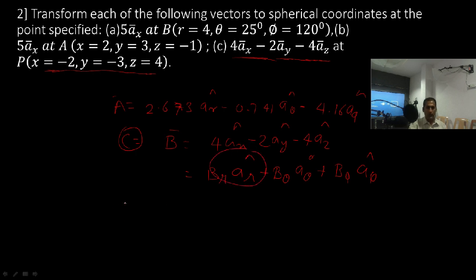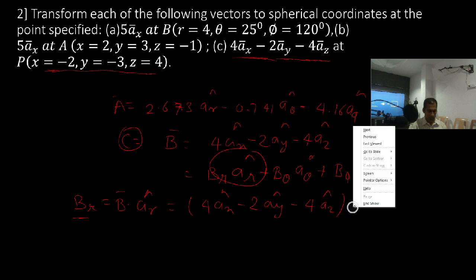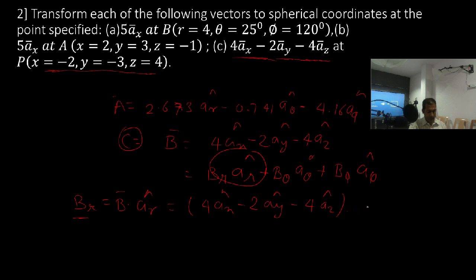So let us first consider BR. BR is the magnitude into direction. So we have 4ax cap minus 2ay cap minus 4az cap, and here we have to add the direction. The direction for this is AR cap. So we have to take the dot product of these three terms with AR cap.